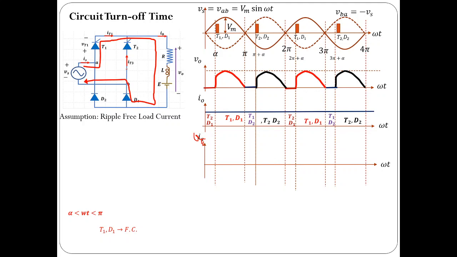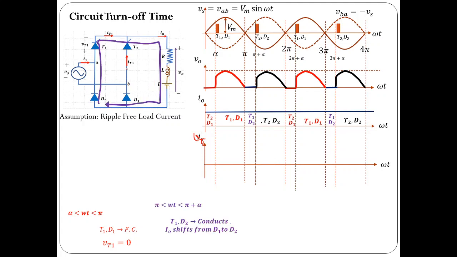Now let us consider the voltage across thyristor 1 from omega t ranging from alpha to pi. Thyristor 1 is conducting, so the voltage drop across it is 0, as indicated graphically here. From pi to pi plus alpha, T1 and D2 are going to conduct. T1 is still conducting, so the voltage drop across it is still 0.